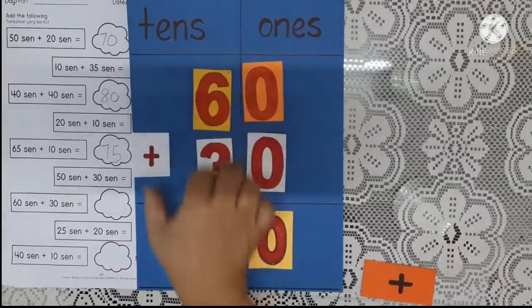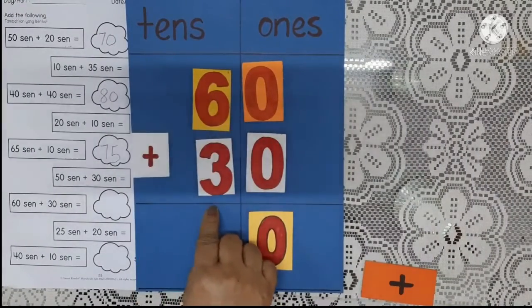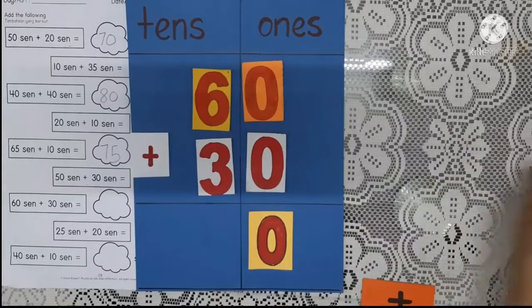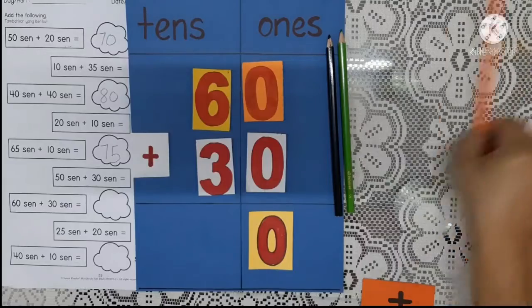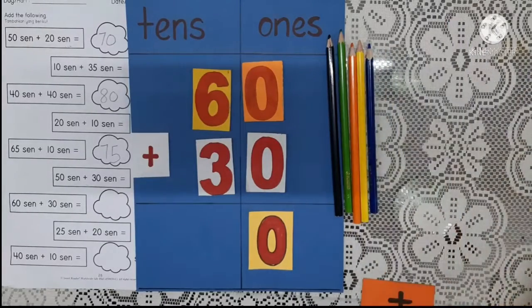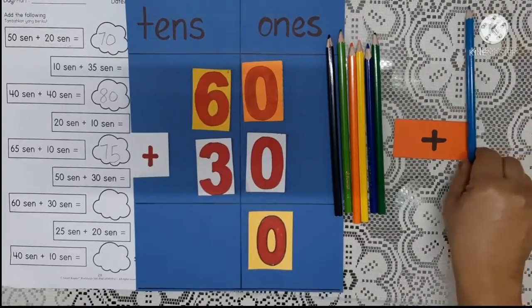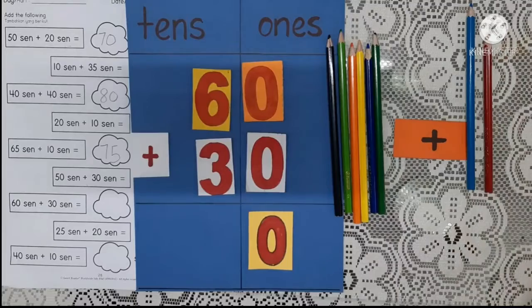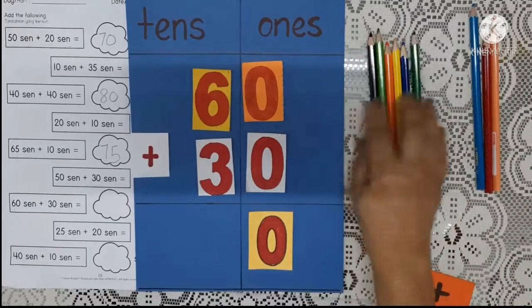Now the tens column. 6 plus 3. Now let's take 6 pencils. 1, 2, 3, 4, 5, 6. Plus 1, 2, 3. Alright, now let's bring them together.